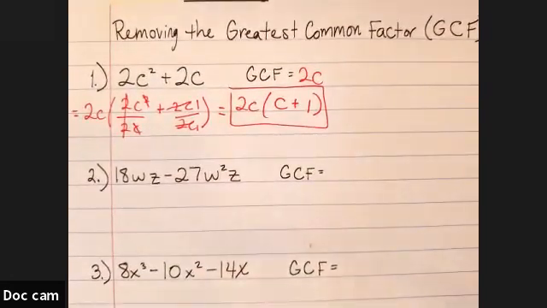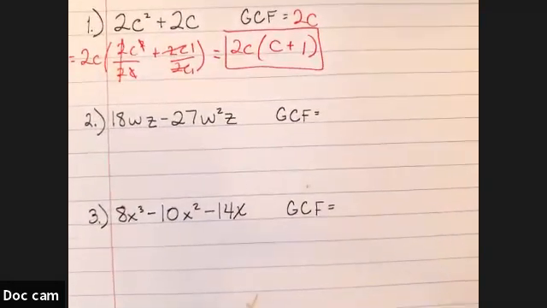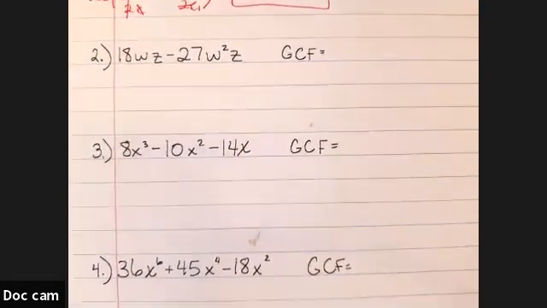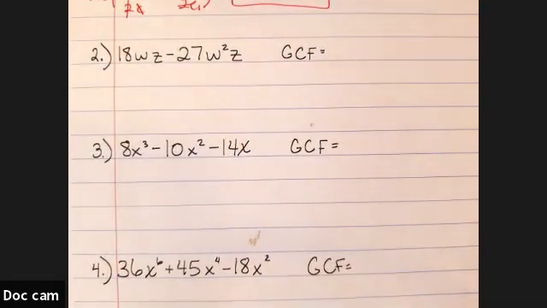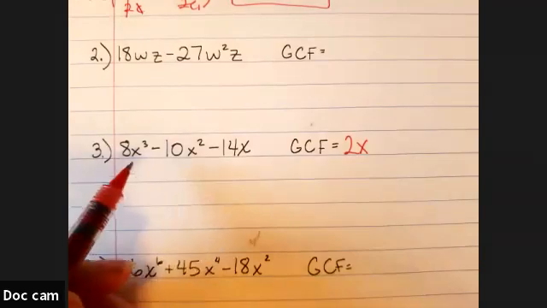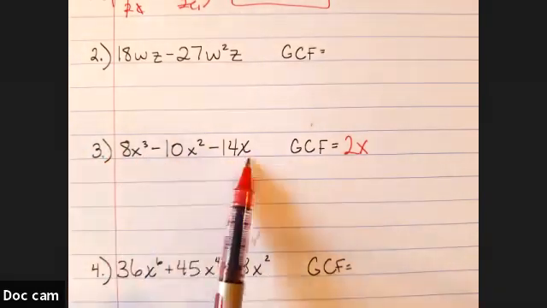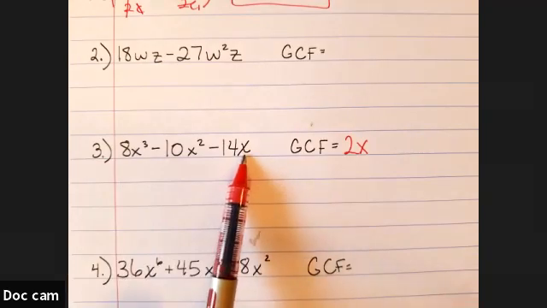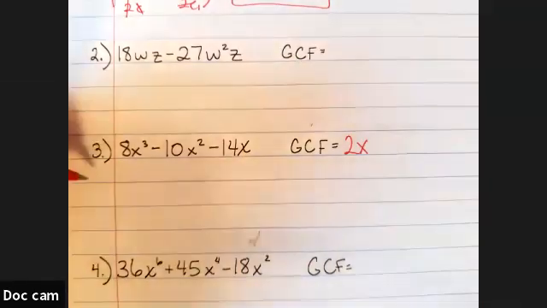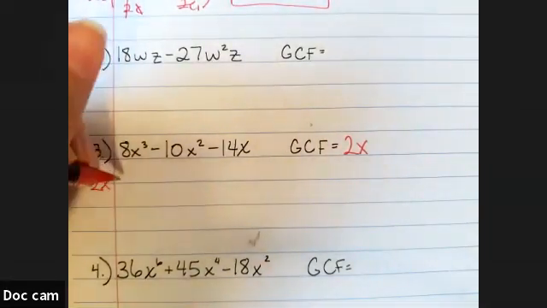Like I said, there's a lot here, and I'll just skip through, not do all of these problems, but let's do number 3. In that case, the GCF would be 2x, because they all have x's, but you have to go with the one that has the least amount of x's, which is just this x right here. That way, when you divide, you'll be able to reduce everything down.